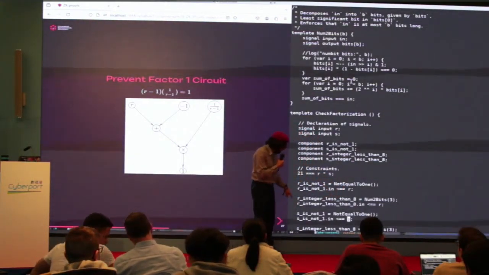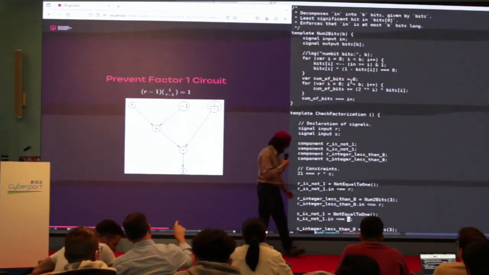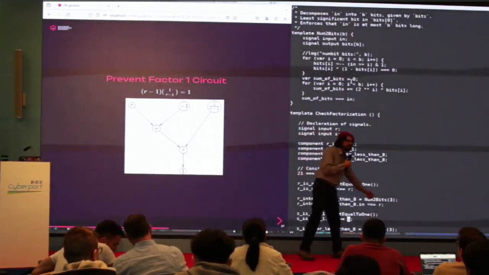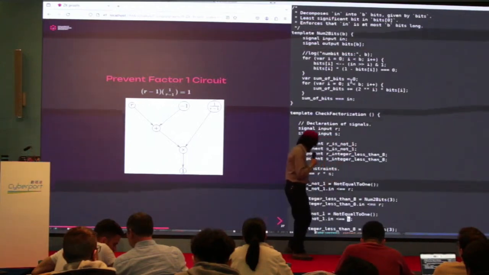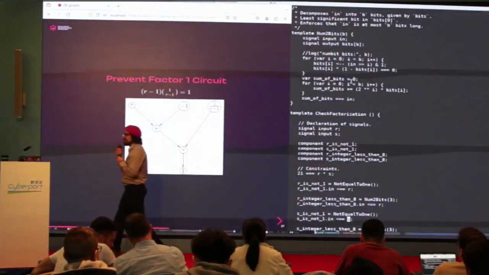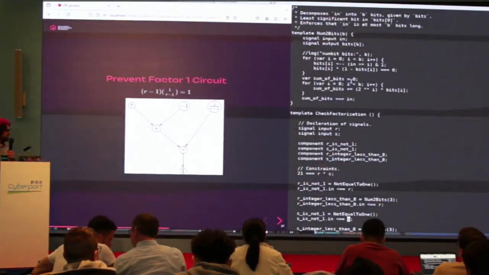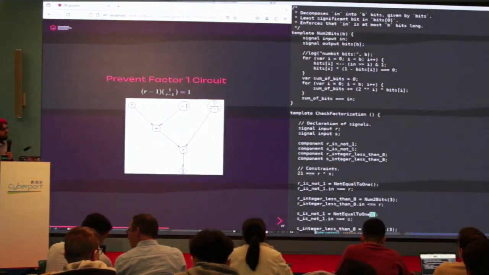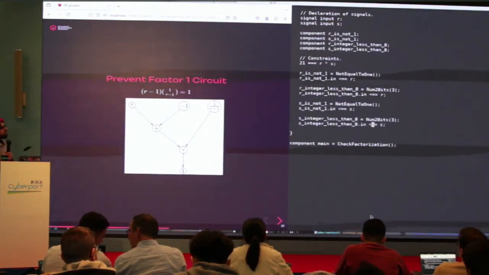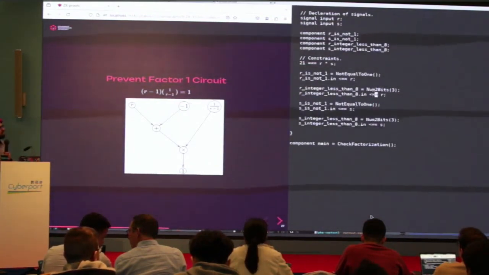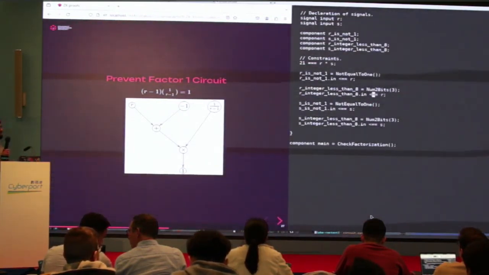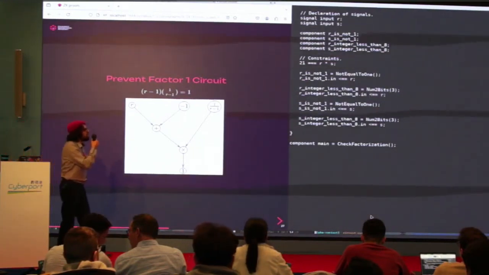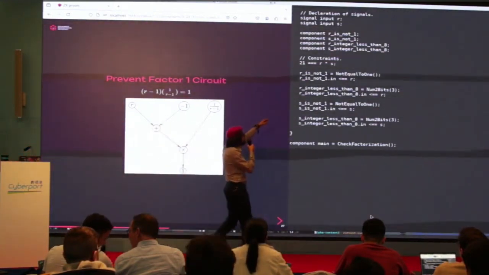And then I make a circuit with num-bits with 3 bits only, and I call it R is integer less than 8. And then with this double equality sign, I say this has to satisfy this property. If I give R as an input, this has to satisfy. And then I do the same thing for S.